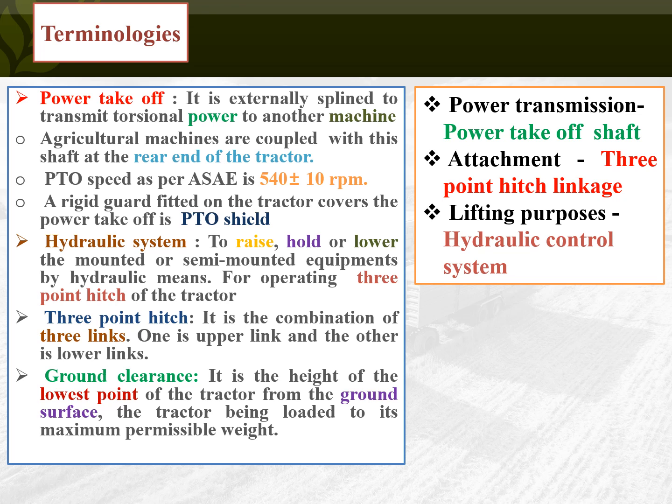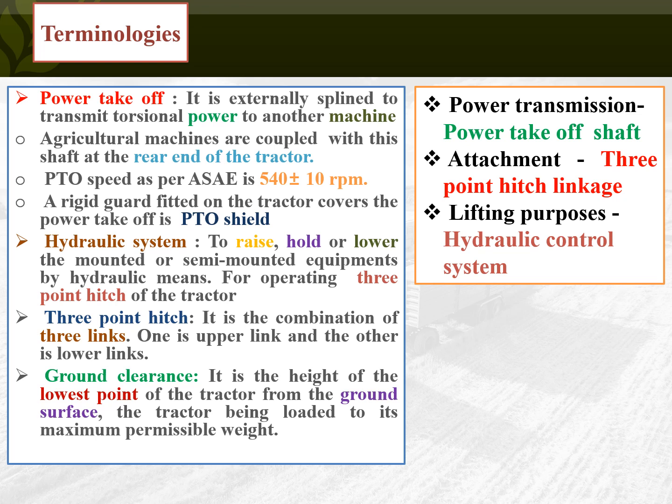Here we discuss the terminologies. The three basic components that attach the farm equipment to the tractor are PTO shaft (power takeoff), 3-point hitch linkage, and hydraulic control system. As the farm equipments can't generate power on their own, there is a need for PTO shaft.